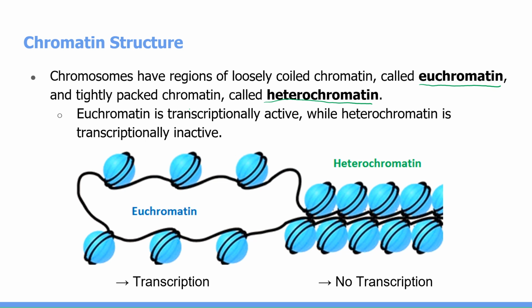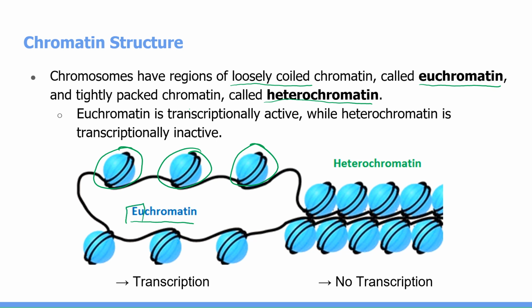So if they're loosely coiled, it means that transcription can occur because there's room for the RNA polymerase to bind to that DNA. So we have euchromatin being that. And again, one way I remember it is that U is usually true. And so true chromatin DNA is used to transcribe.